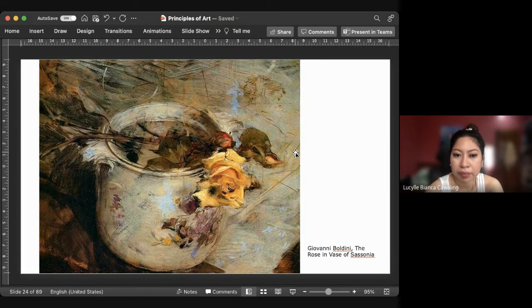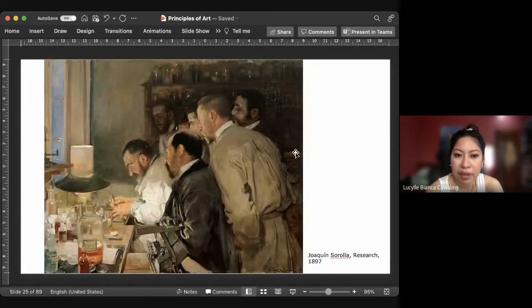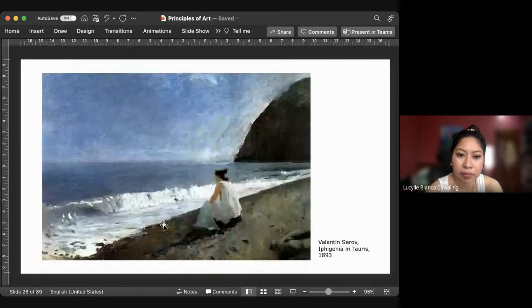And another example, the values here from light to dark gave out a contrast or an emphasis to the one who is working. And also right here, if you could see here how the values also can play to the giving out emphasis on the figure.